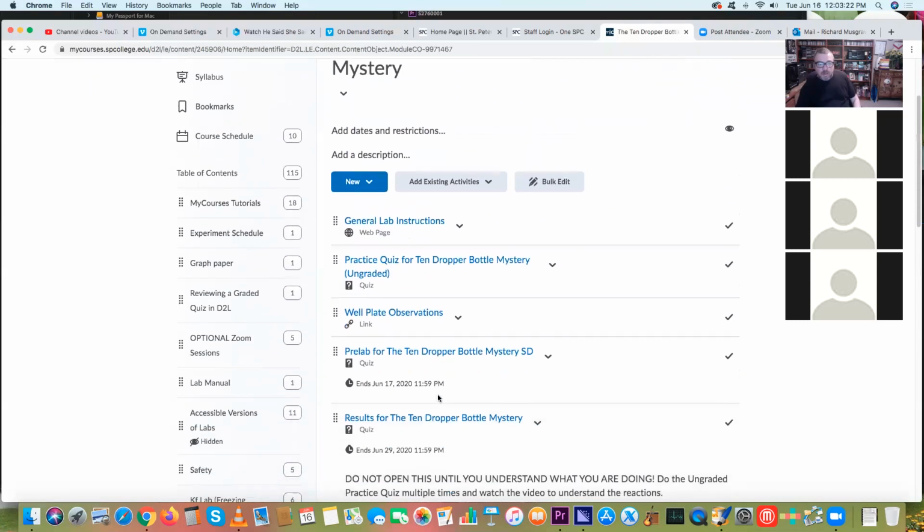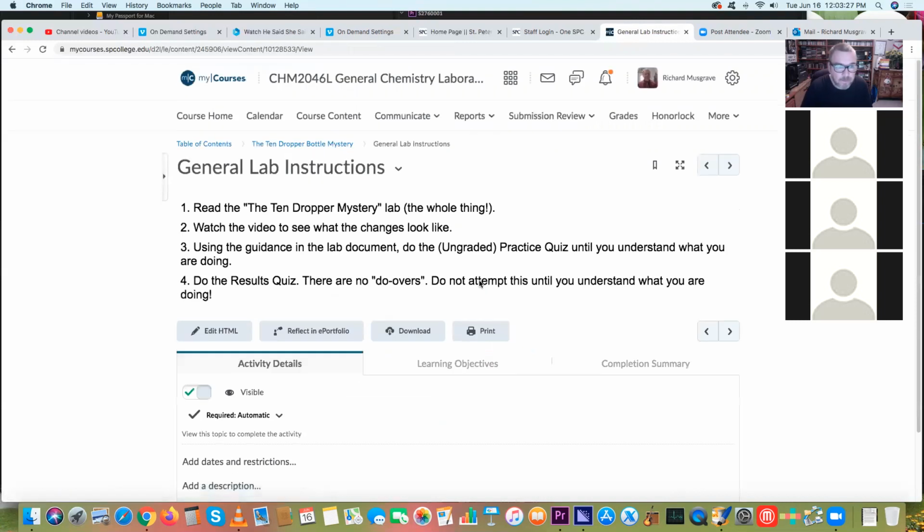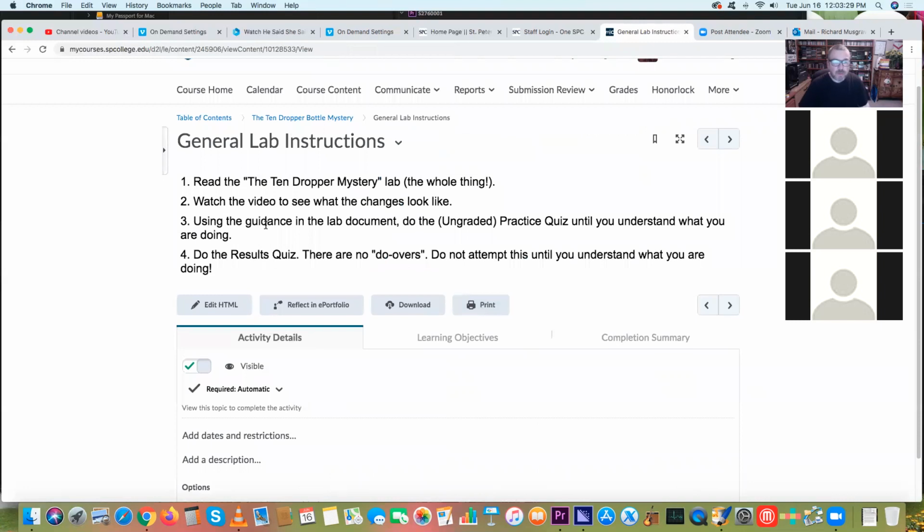I've got some instructions for this lab, and these are the instructions. Read the lab, the whole thing. It has a lot of good stuff in it that'll help you to figure out how to do the lab. There's a video, it's only short, like 3 minutes, that shows you what these changes look like that are showing that there's some sort of reaction.